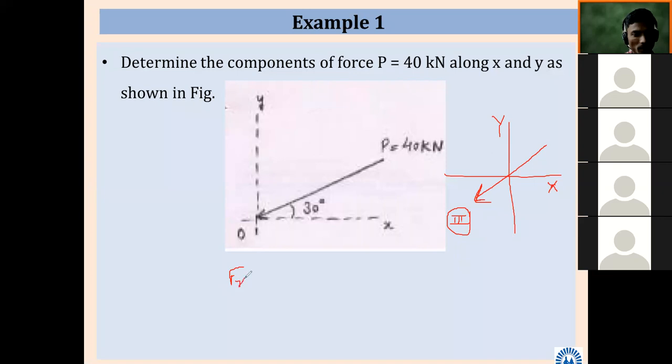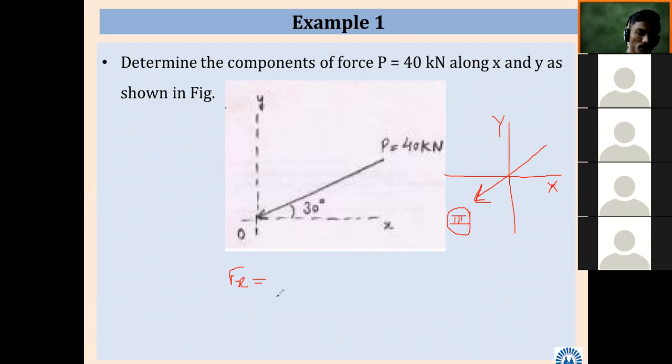What is our formula? Fx is equal to... first you have to check whether this 30 degree angle is made with the x-axis or the y-axis. X-axis. So along the x-axis we have to take cos, or along y we have to take cos?